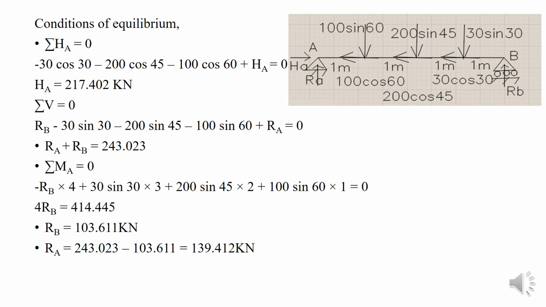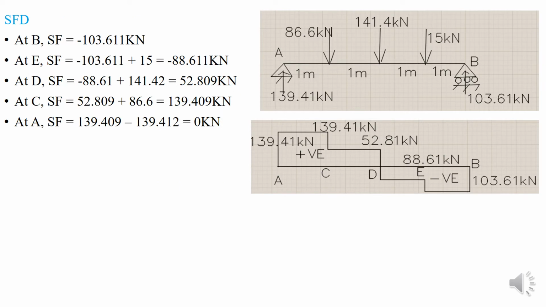We are drawing only the shear force diagram, which is the diagram of unbalanced vertical forces. Okay. Now, these are the forces: by applying the values of sin 60, sin 30 and sin 45, you will get 86.6 kilonewton here, 141.4 kilonewton here and 15 kilonewton here.